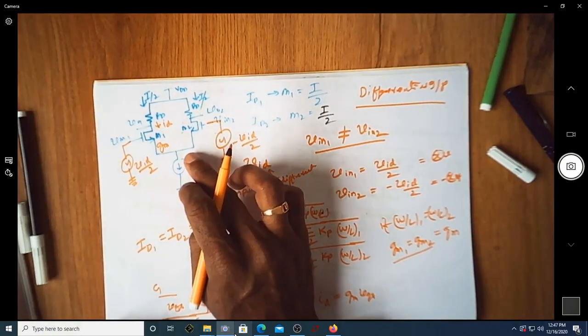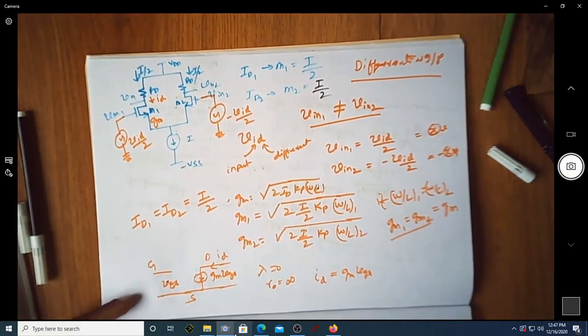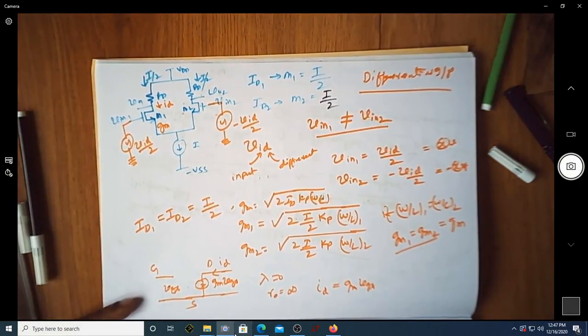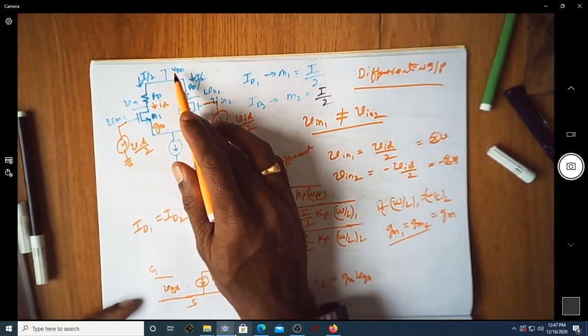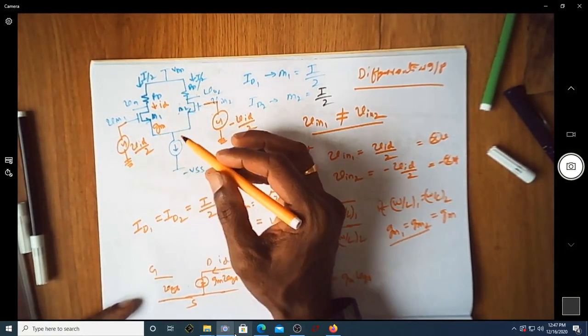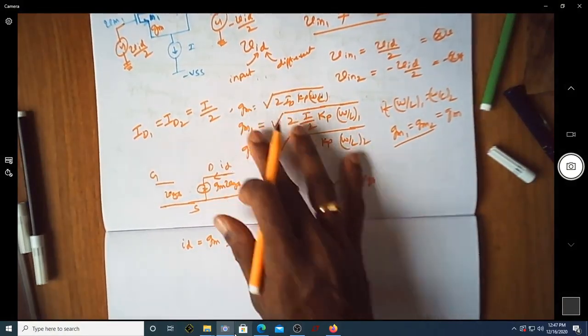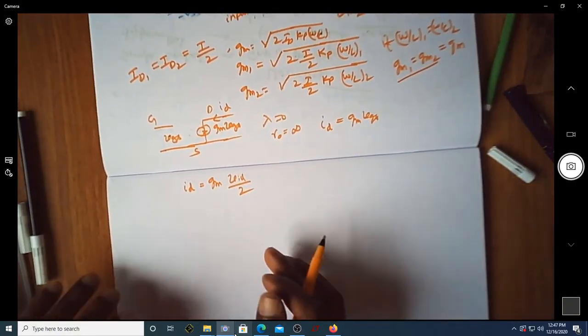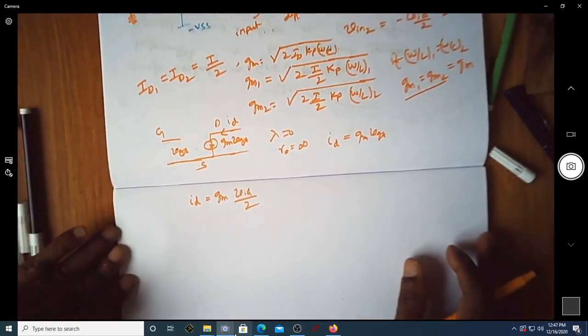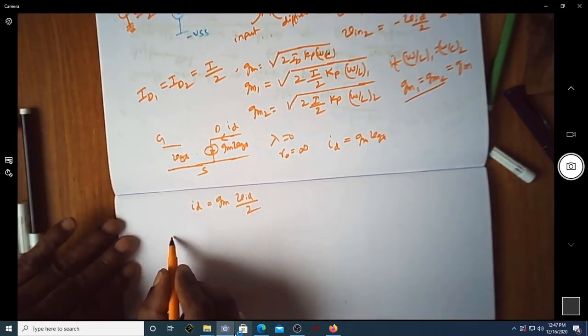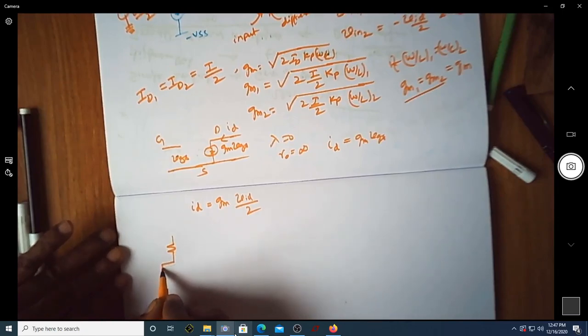If you want to write the AC circuit, we are supposed to make the voltage sources ground, and make the current sources open circuit. So let us write the actual circuit of the differential amplifier and its AC equivalent. Let me start with the actual circuit.